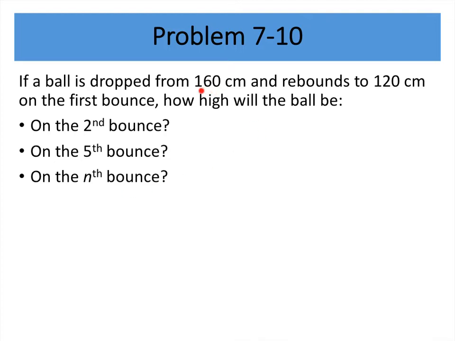So first things first, I know that it bounces 160 centimeters the first time, then the next time it's going to bounce a percentage of that. So what is the rebound rate? The rebound rate is going to be 120 over 160, and that should be a decimal because it's going down, so it should be less than 1.